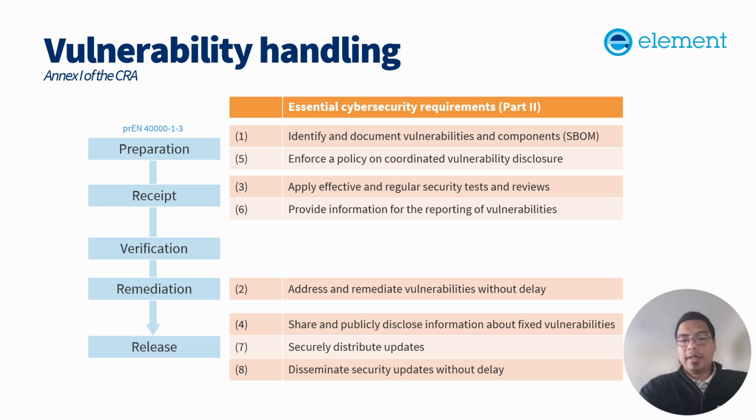Now, I tend to view the vulnerability handling process that's outlined in the standard and by these requirements kind of like a customer complaints procedure. So effectively, as an organization, you have a means of receiving information or discovering vulnerabilities. So in the context of these requirements, it's putting in place a policy, it's having your software bill of materials so you know what components are inside your product, so that if a vulnerability appears in one of those components, you know it potentially affects your product.